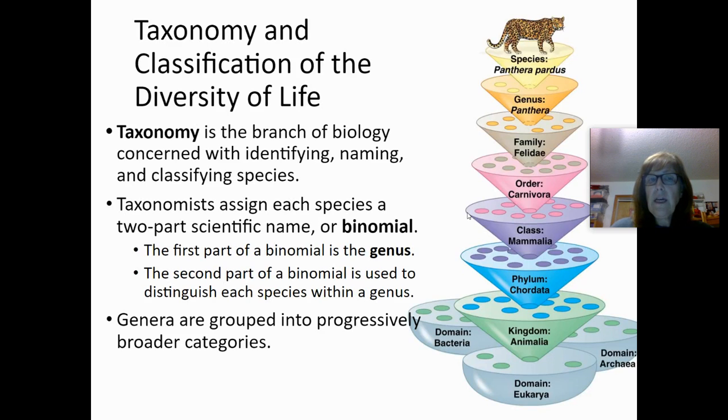So if we talk a little bit more about taxonomy, taxonomy is the branch of biology that's concerned with naming and classifying organisms. If you think back all the way to one of our first lab activities, we did something called the dichotomous key, where we looked at two different structures and we had either-or choices.